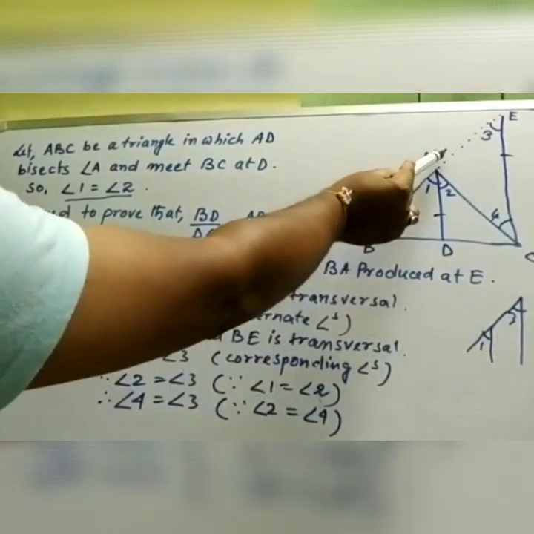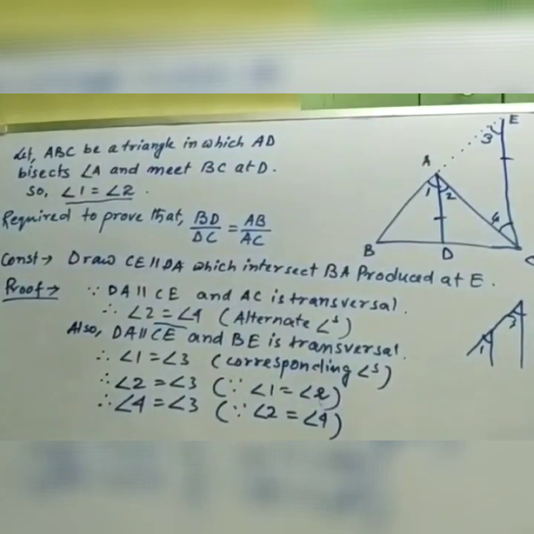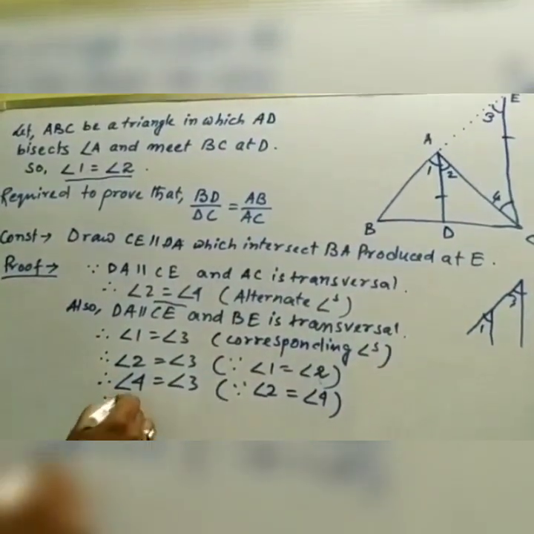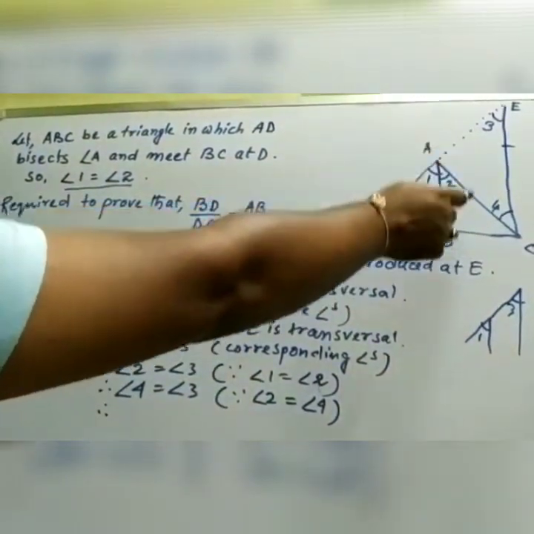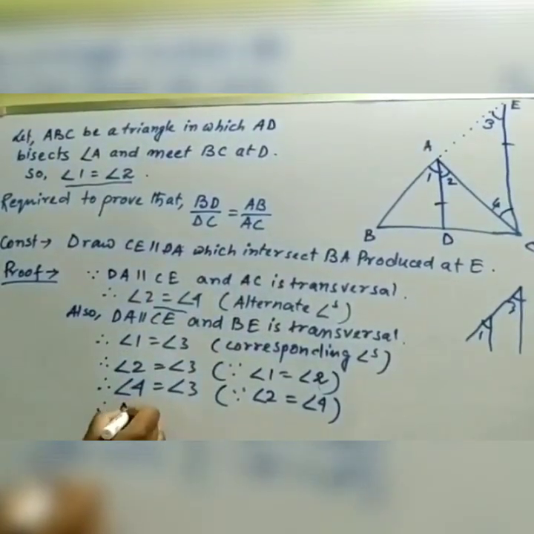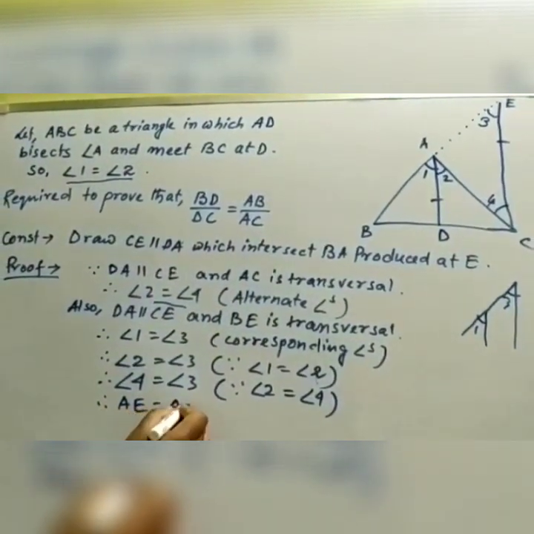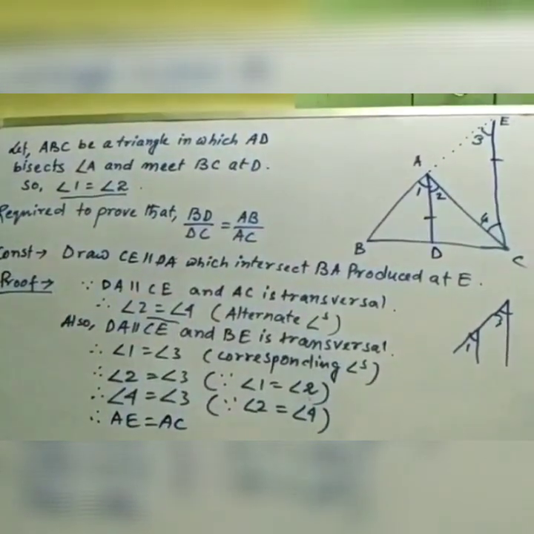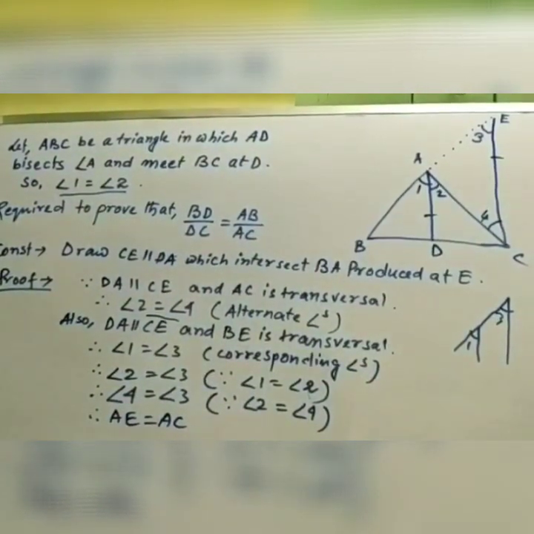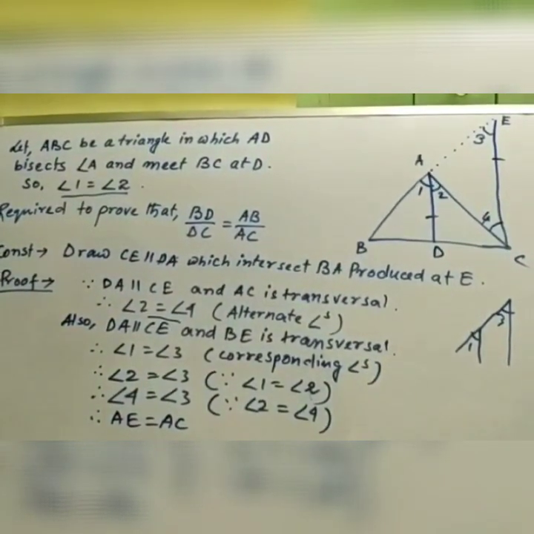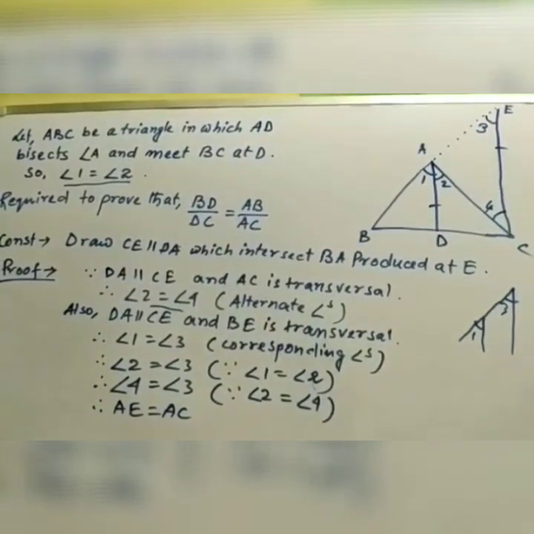So this AE and AC will be equal. So that we are using, AE is the opposite of 4 and AC is the opposite of 3. So AE equals AC, as opposite sides of the equal angles are equal from the property of isosceles triangle. So that we have got AE equals AC.